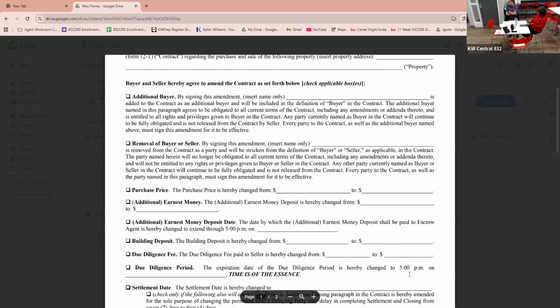I knew I'd seen this. That's the old one. So, purchase price. If we're changing it, what's the date on it? The signature date. When did the agent from our office get this signed by the sellers? February 26.